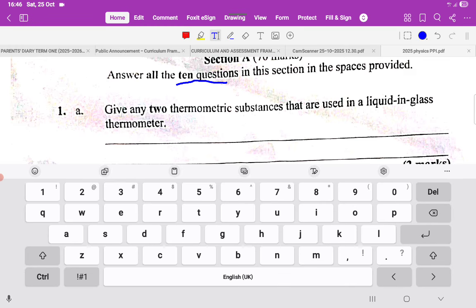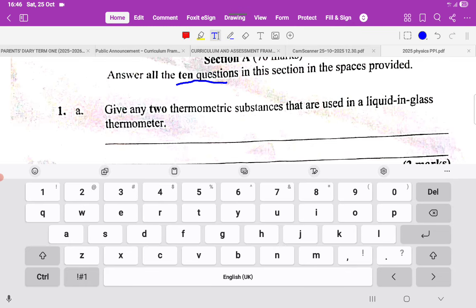The question is assuming that you already know what a thermometric substance is. We define a thermometric substance as any material whose physical properties change in a predictable way with temperature.